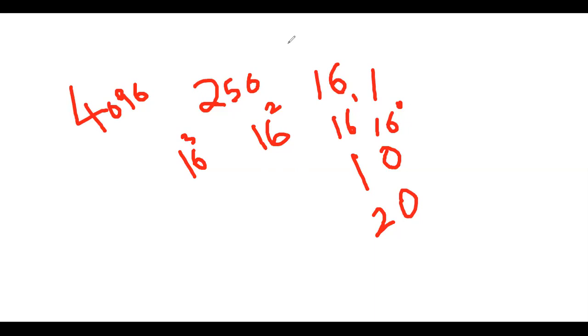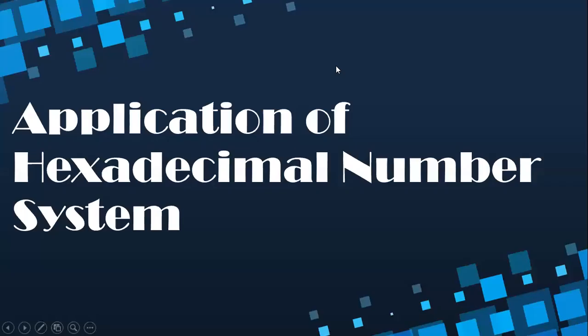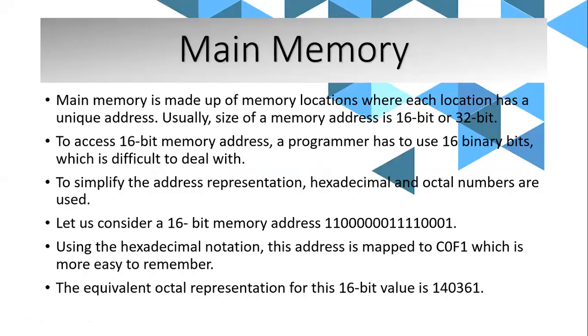Today, I will also talk about what is the use of hexadecimal number system. So the main memory of our computer is made up of memory locations, and each location has a unique address.